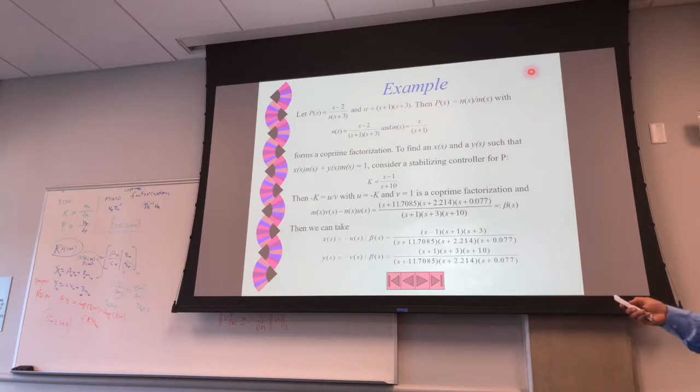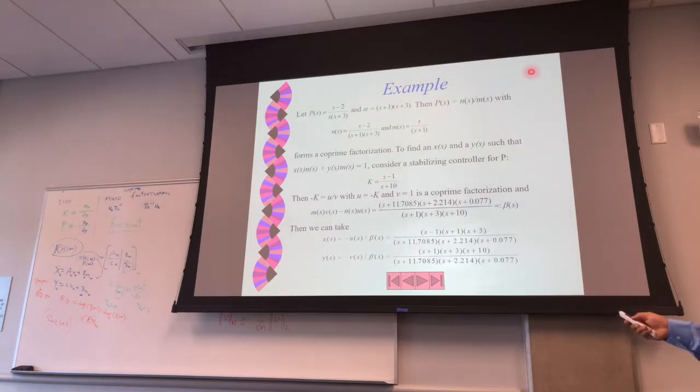You can see N and M both have relative degree 1. But how can I find X and Y? We know X and Y will satisfy this Bezout identity. So you have a stabilizing controller for P, and you also write K as U divided by V, so this is a factorization. Of course, this is SISO, so it's very easy.